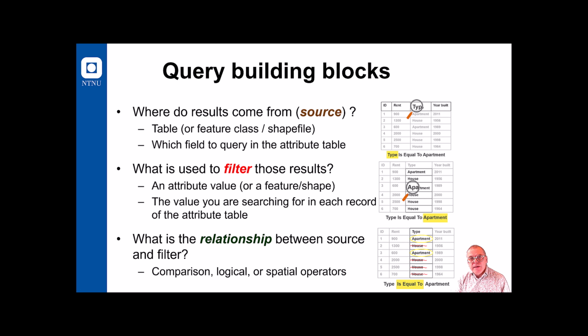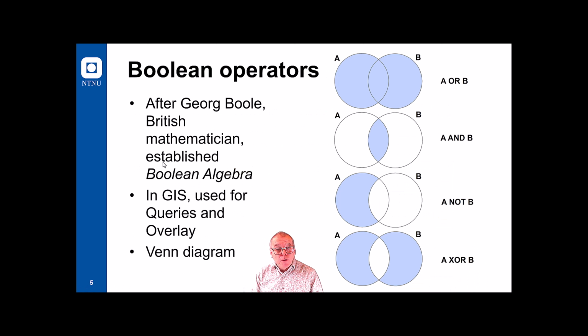So this could be how you do the comparison. It could be logical, arithmetic, or spatial operators. So for instance, here it uses an arithmetic operator called equal to. It filters out all rows where the attribute value equals apartment and leaves that as a result for your query.